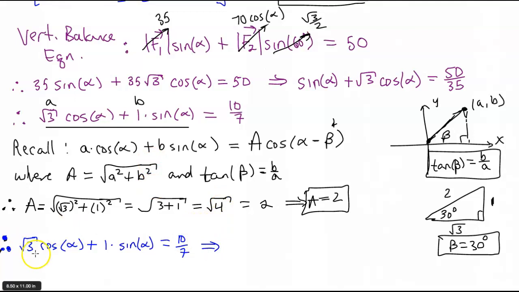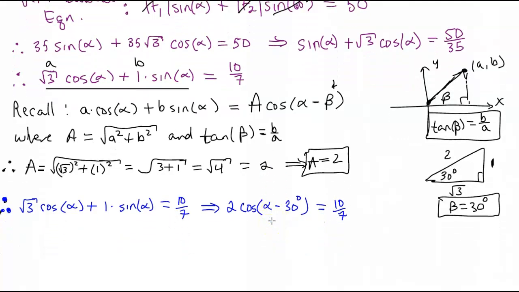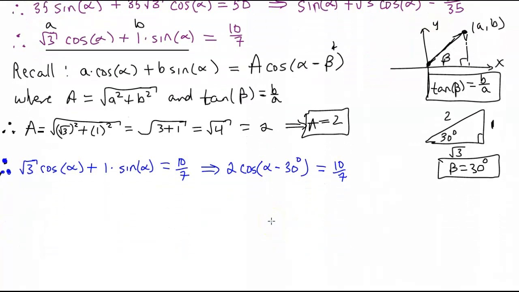That implies that this left-hand side could be rewritten now as A, which is 2, cosine of alpha minus, and then beta is going to be 30 degrees. And that is going to be equal to 10 divided by 7. All right, so we are on our way to the finish line here.